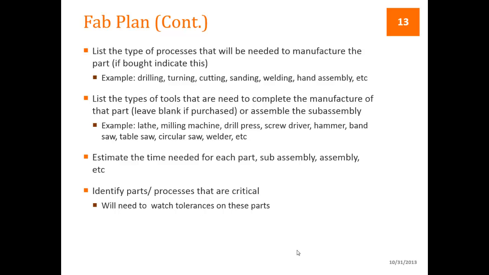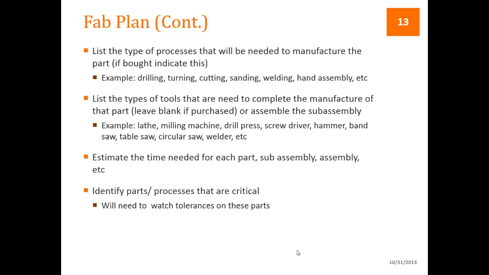Then, for each of those processes, we're going to talk about the types of tools that we're going to need in order to do them. So when we're sanding something, are we sanding it with a belt sander? Are we sanding it with a circular sander? Are we sanding it by hand with sandpaper, right? Those are different things. So talk about the actual tools.